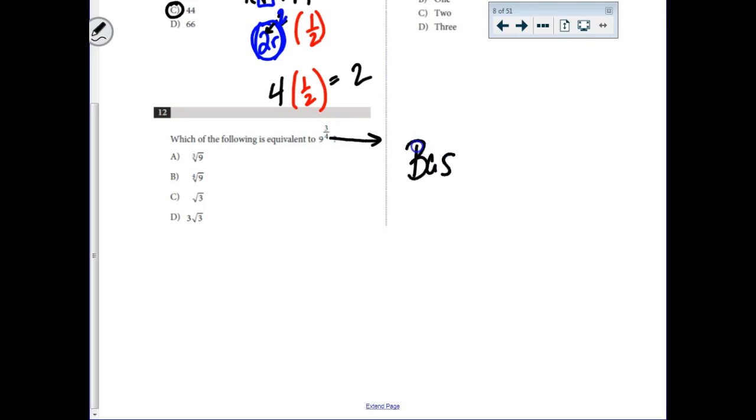The way you convert it is that you have a base, and then up in the exponent, the formula is power over index. That's the fancy word for the root number. So for instance, if it's a square root, the index is a 2. If it's a cube root, the index is a 3, and so on. So when I look at this question, apparently we're looking at a 4th root of 9 to the 3rd power.